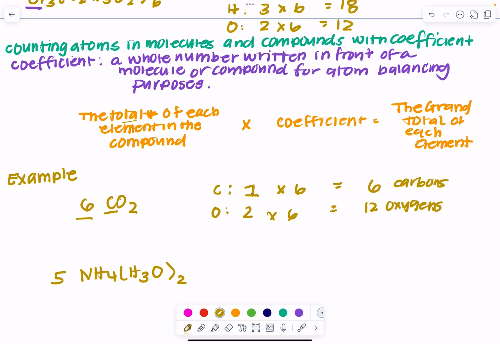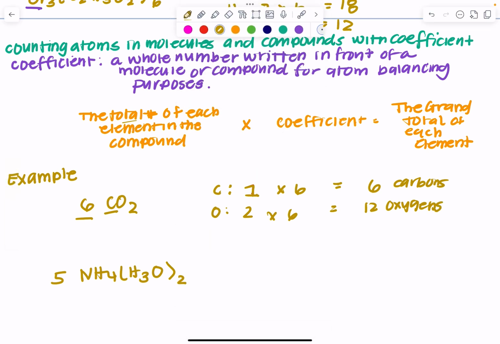And the last one, probably the most complicated one that we're going to do, we have nitrogen, hydrogen, and oxygen. Notice that we have 2 different areas of where the hydrogens occur. So let's completely ignore the coefficient for now and let's count the number of atoms we have.